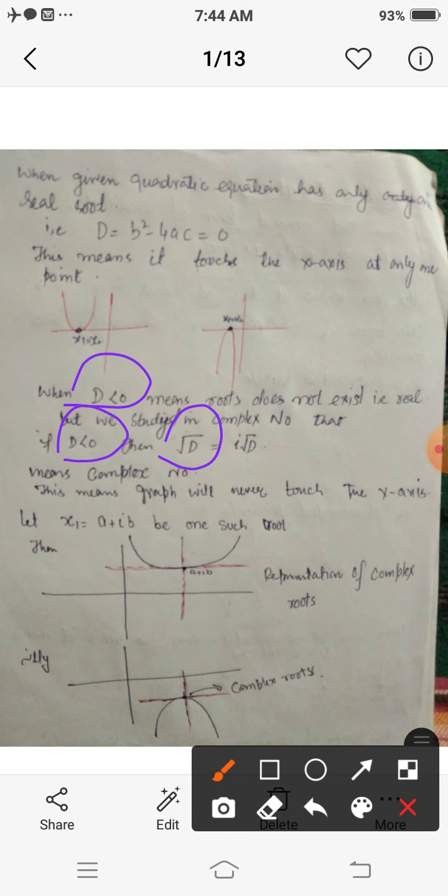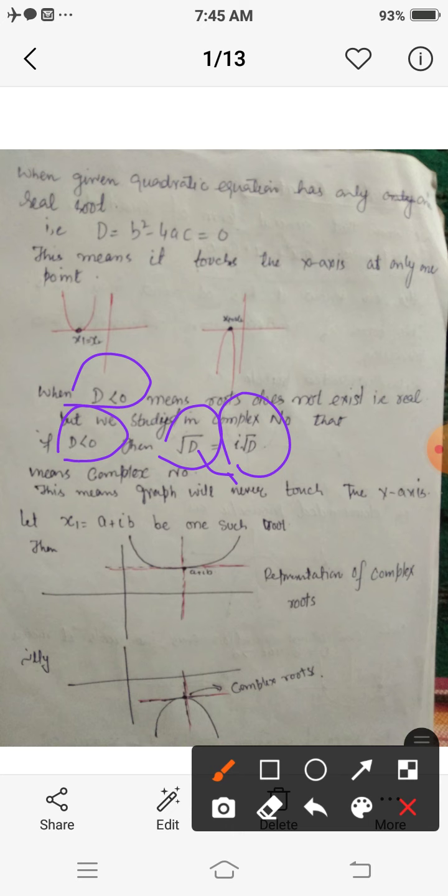Here D is negative, which implies that the square root of a negative number is simply iota root D. This means that the quadratic equation ax square plus bx plus c equals 0, when b square minus 4ac is less than 0, has two complex roots. In the real system roots do not exist, so it has complex roots.